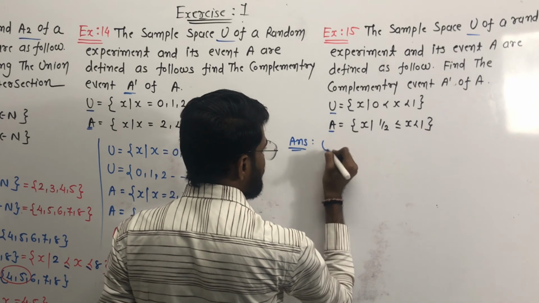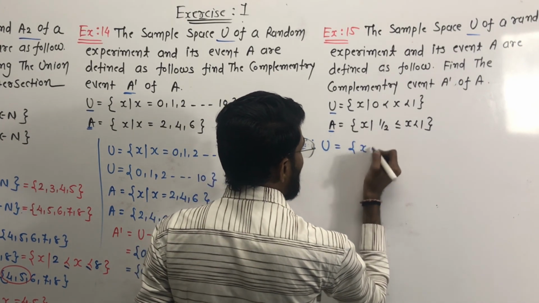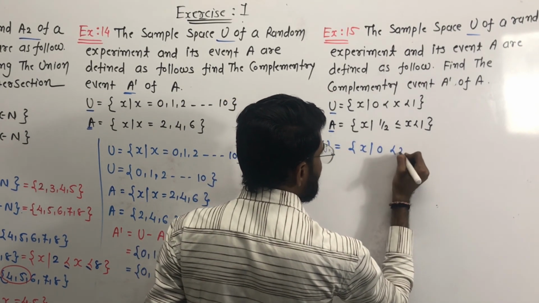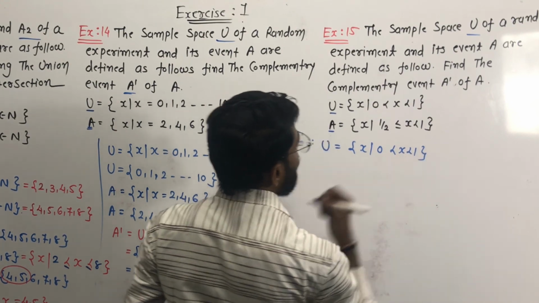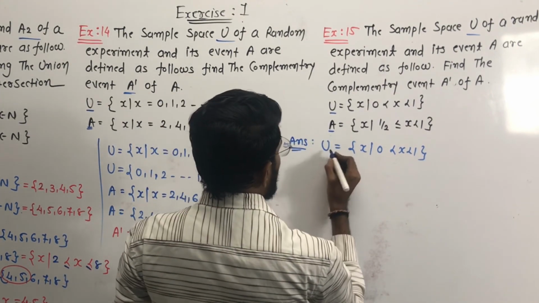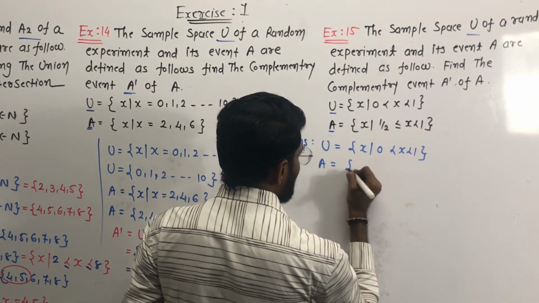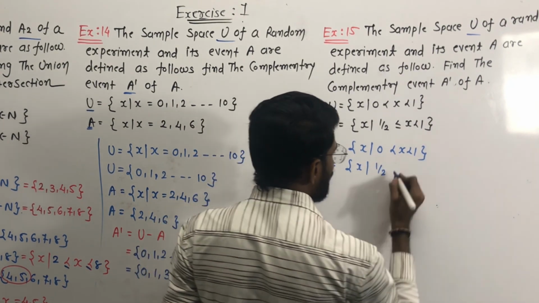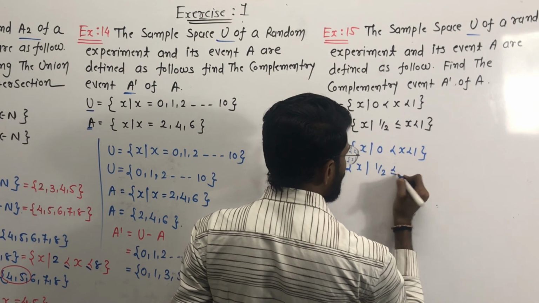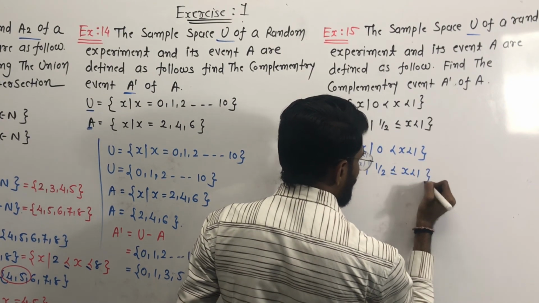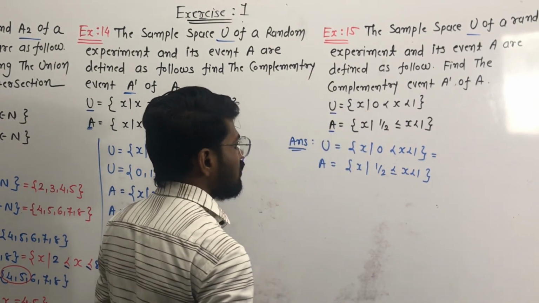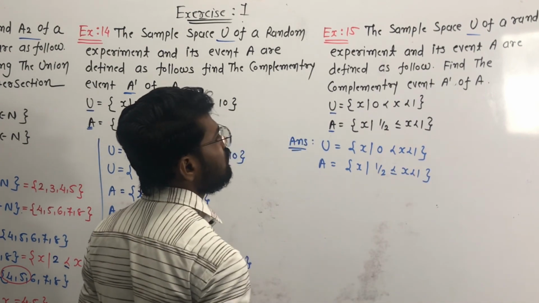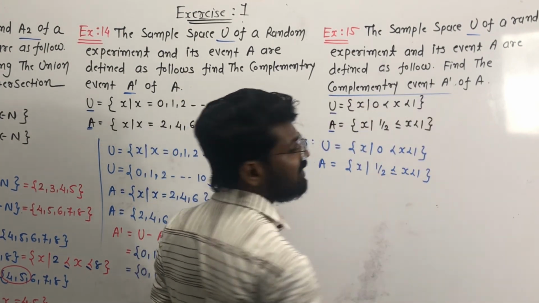The data is that sample space U = {x : 0 < x < 1}. Now event A = {x : 1/2 ≤ x < 1}. Clear? Okay, now what do we have to find? We have to find the complement of event A.